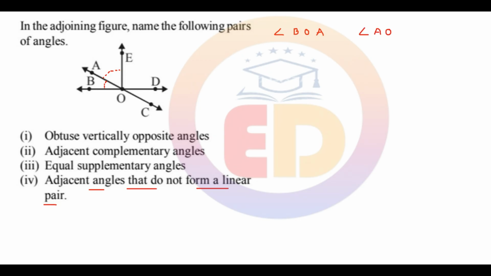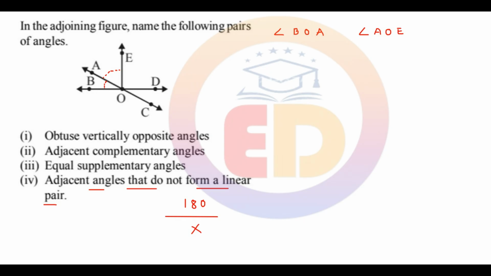These two are adjacent angles and their sum is not 180, है ना. Do not form a linear pair मतलब दोनों का सम 180 नहीं आना चाहिए. तो आप देख सकते हैं एंगल BOA और एंगल AOE, इन दोनों का जो सम होगा वो 90 आएगा, 180 नहीं आएगा. तो ये दोनों एडजेसेंट एंगल्स हैं ऐसे जिनका सम लीनियर पेयर नहीं है.